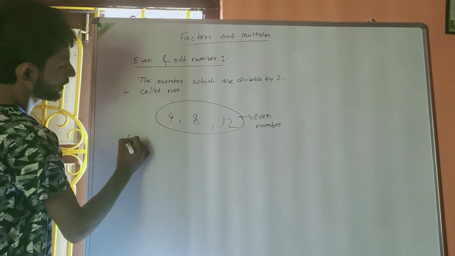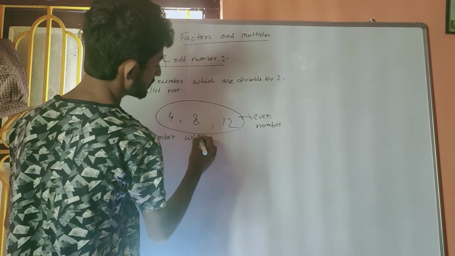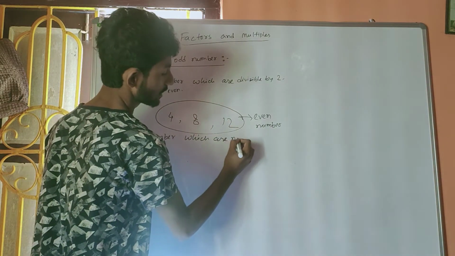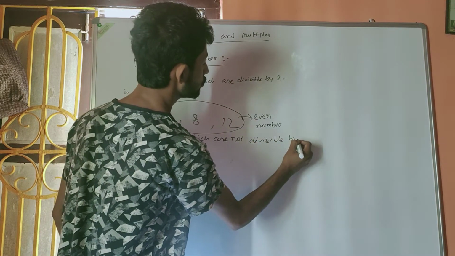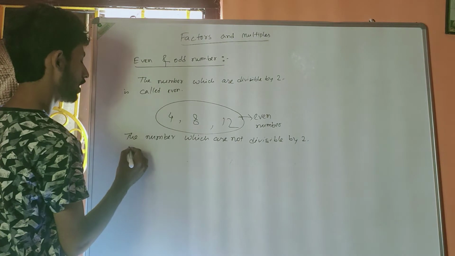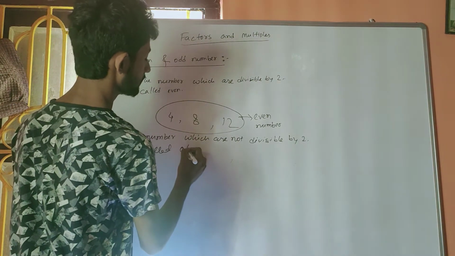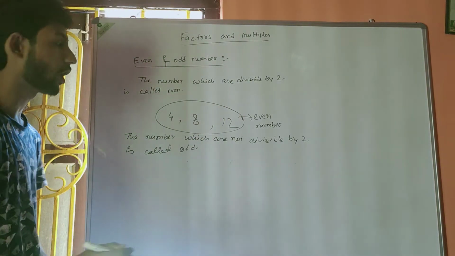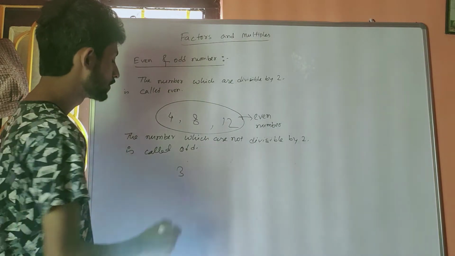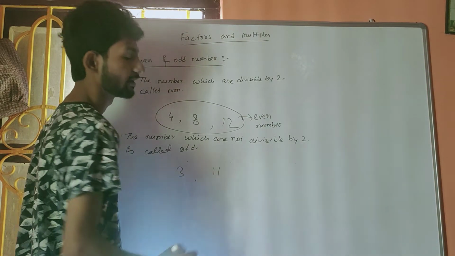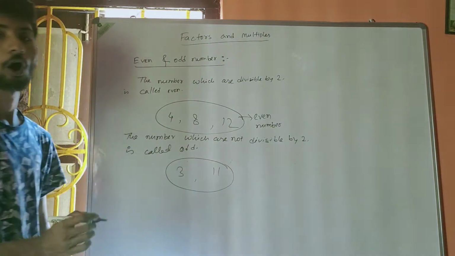And the numbers which are not divisible by 2 are called odd. For this, suppose there is 3. 3 cannot be divided by 2, so 3 is odd. Suppose 11. 11 is not divisible by 2, so 11 is also odd.